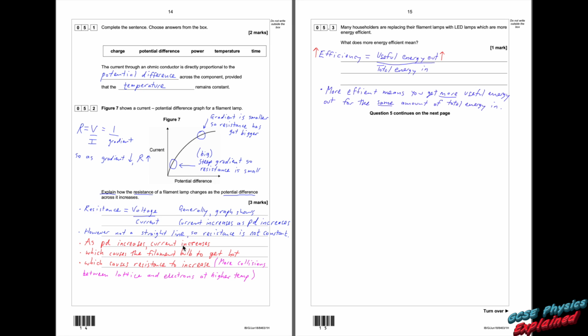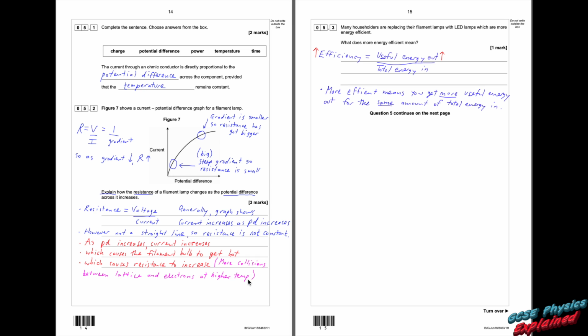And if the current increases, that'll cause the filament bulb to get hot. And if it gets hot, that'll cause the resistance to increase. So that'll get you your 3 marks. If you're wondering why the resistance increases as it gets hot, well, you'll end up getting more collisions between the lattice, so that's the ions that make up the metal, and the electrons that are trying to move through the metal at higher temperature.